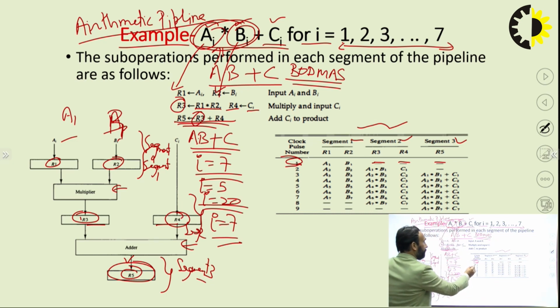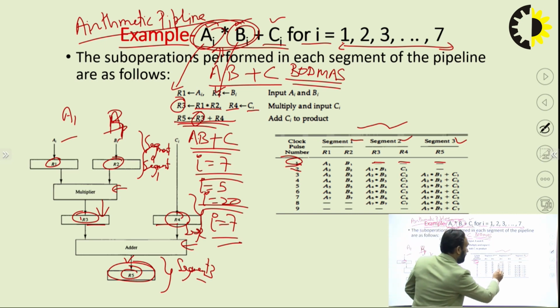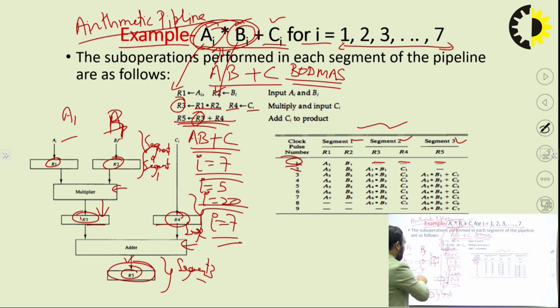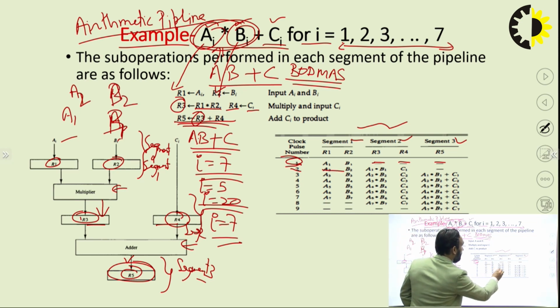But at time 2, these inputs are processed with the help of the multiplier and go to R3. As we see here, the first part is transferred to the next segment, and the next input is taken as A2 and B2. So we represent it here.